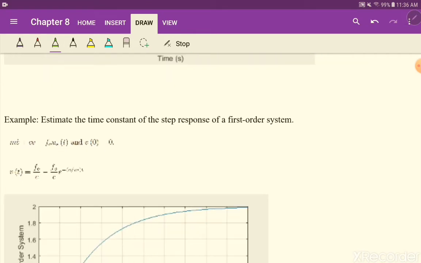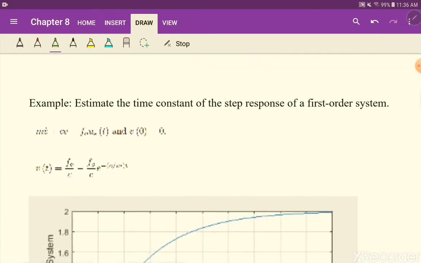So I have a second type of question. I'll just write this one for you. You have an equation that says m v dot plus c v equals some f0 times a unit step, with the initial condition equals 0.